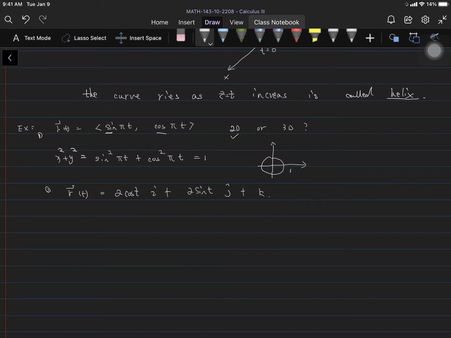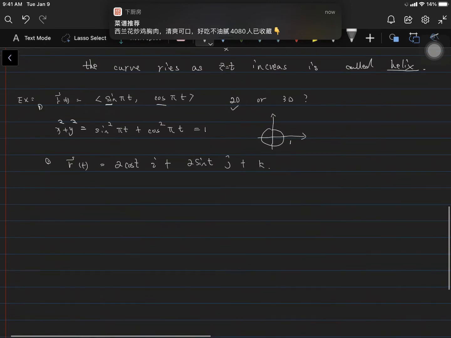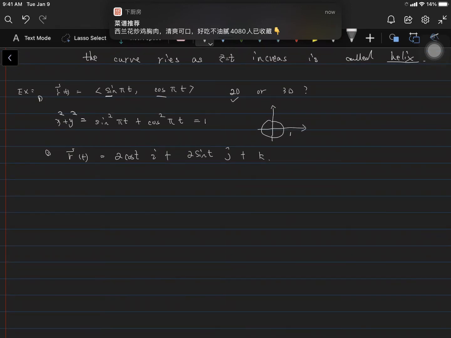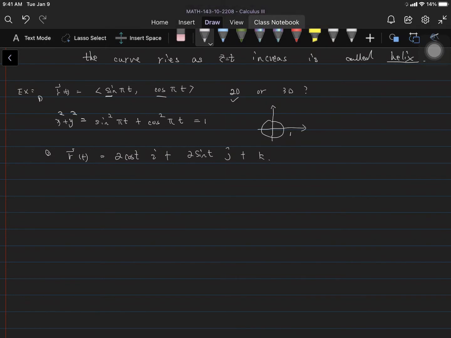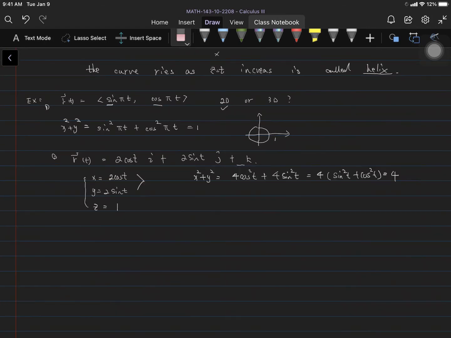Now let's take a look at the second exercise problem, r(t) equals 2 cosine t i plus 2 sine t j plus k. What's the meaning of that one? I also like to translate this into x equals 2 cosine t, y equals 2 sine t, and z equals 1. x squared plus y squared equals 4, which means a circle in the plane with radius 2. Now we draw this graph. We know this vector function is in 3D because it has 3 components, x, y, z.